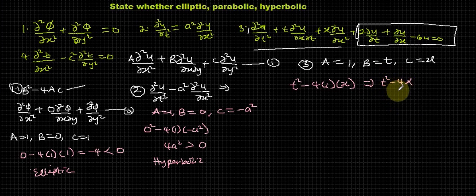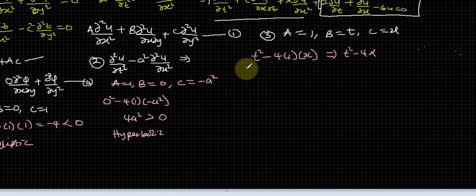Now this is not actually well defined to know whether it's elliptic or hyperbolic. So what are we going to do next? Let's look at the first condition here. For this equation to be elliptic, t² should be less than 4x.